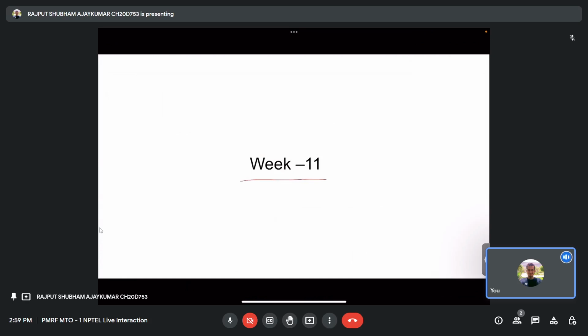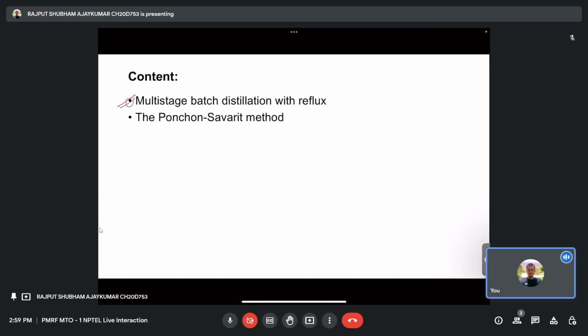So this is week 11 of the course. Already we have gone through week 10. We started from the basics of mass transfer, laws of mass transfer, various operations in mass transfer, and then we came down to the distillation column and designing our distillation columns and the various operations to be carried out in them.